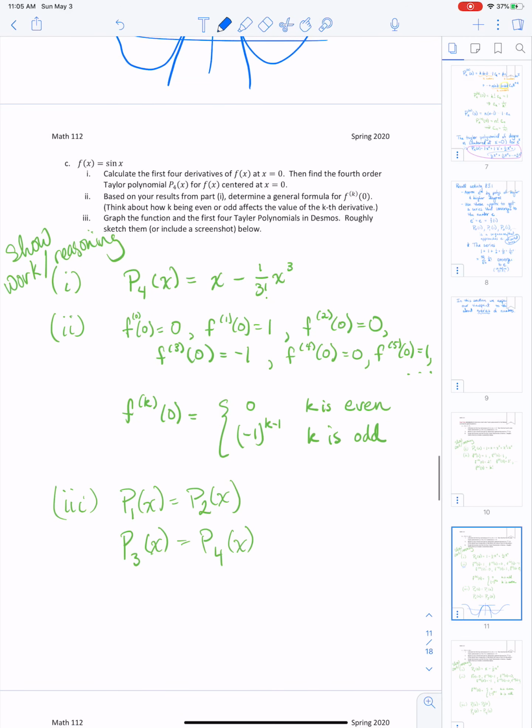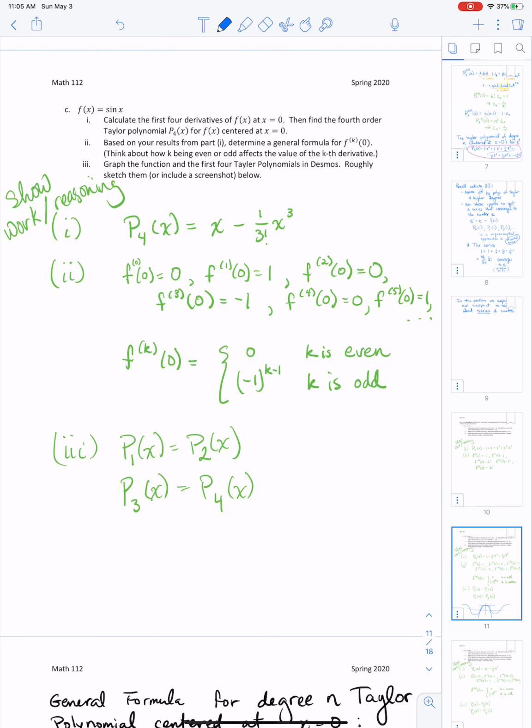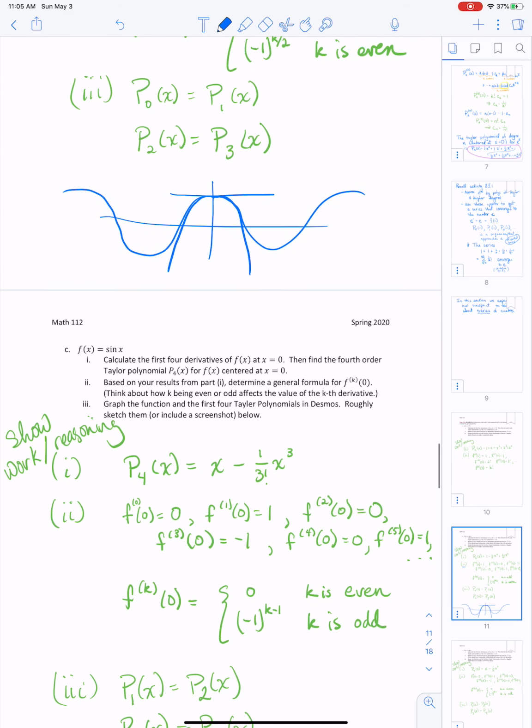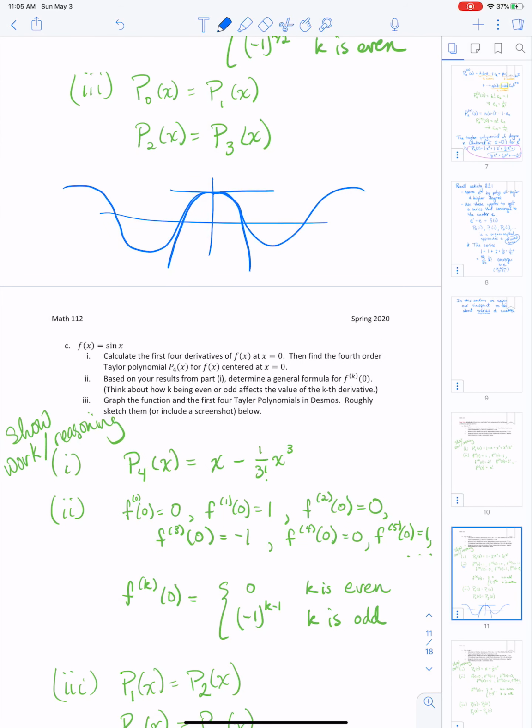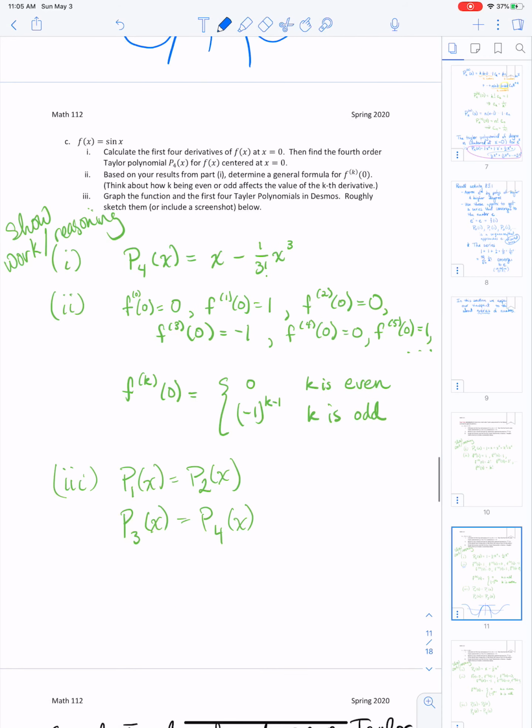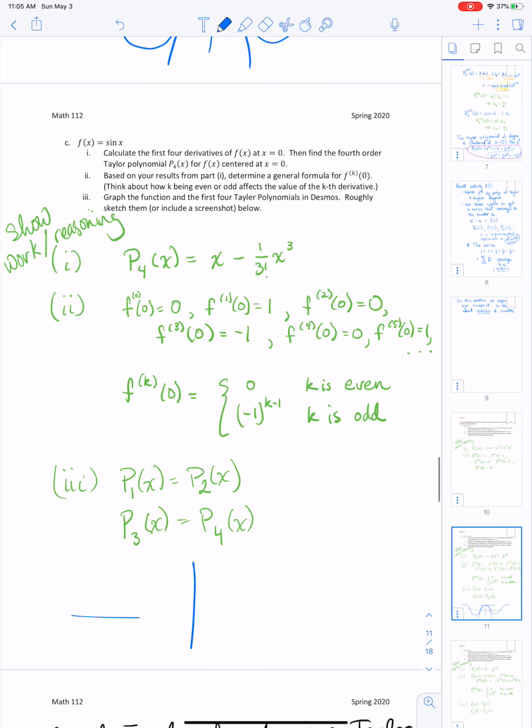So I'm not sure if that made a lot of sense. If it didn't, don't worry about it too much. My point is, though, that we have an even function, and so it should be best approximated by even polynomials. And similarly with sine, we have an odd function, and so that's going to be best approximated with odd polynomials.